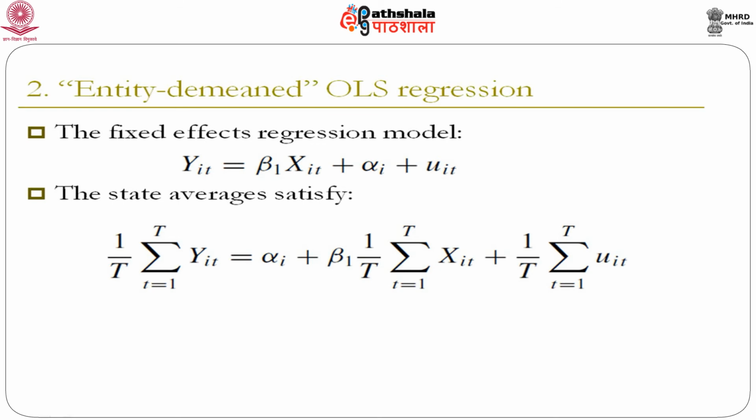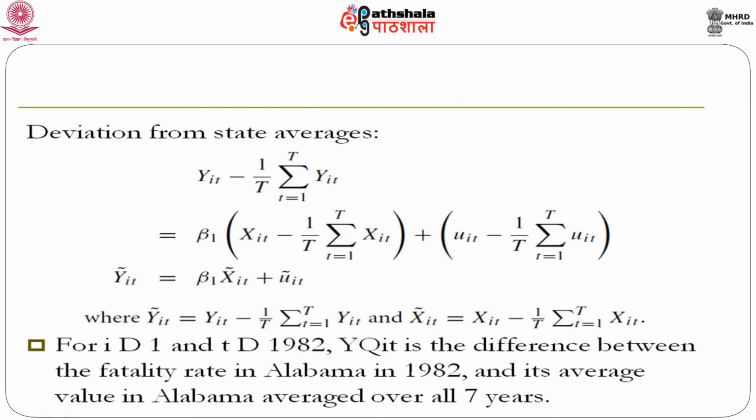From that you can have the state specific average value, and from that you can have the state deviation from the state specific average, and then all the observations can be handled for this variable.